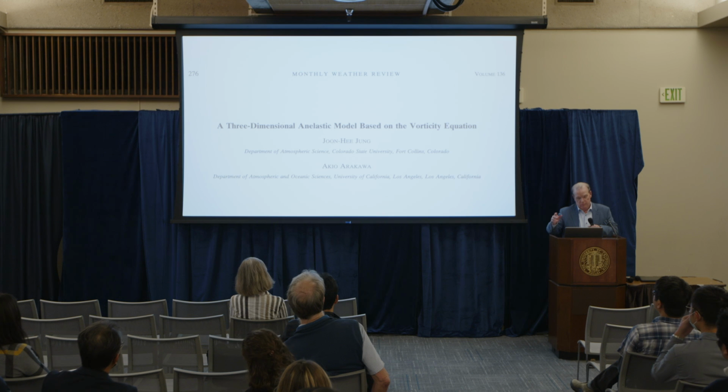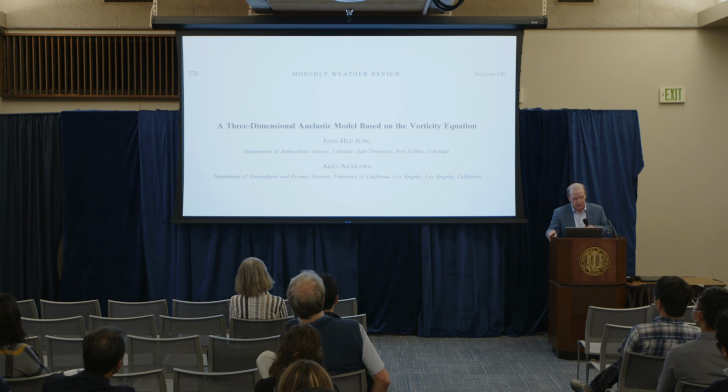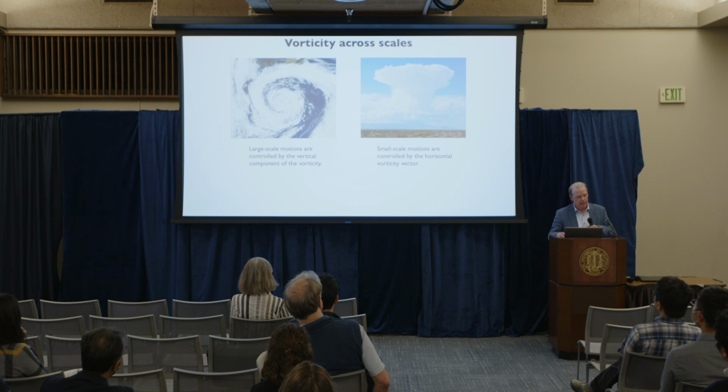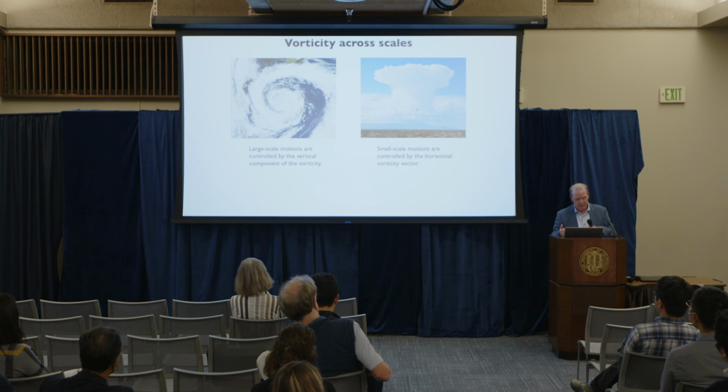So what I'm going to call the vector vorticity model was published here by Junhee Jung and Akio Arakawa, I forget which year, but sometime around 10 years ago. They were interested in creating a three-dimensional cloud model in which the vorticity that you see in this picture was actually a primary prognostic variable of the model.